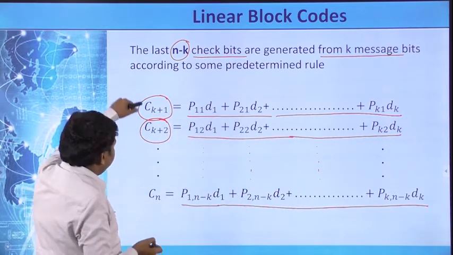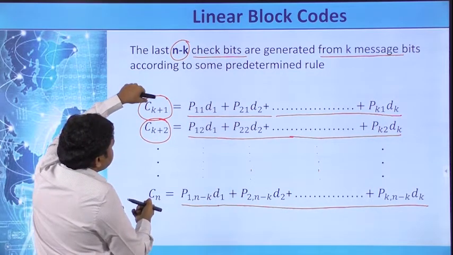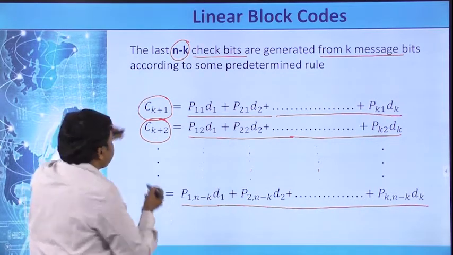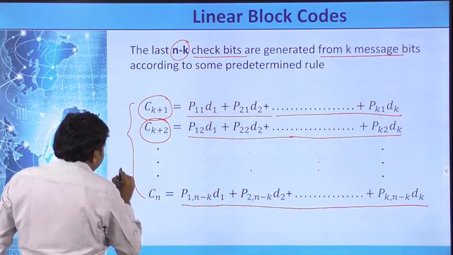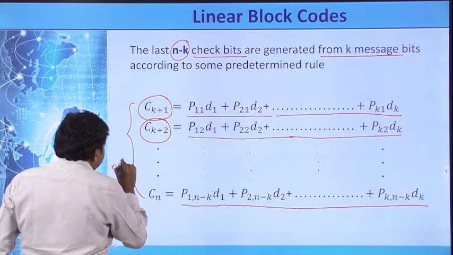Right? So here, how many bits do we get in total? C(k+1) to Cn. These are nothing but the check bits, that means n minus k check bits.